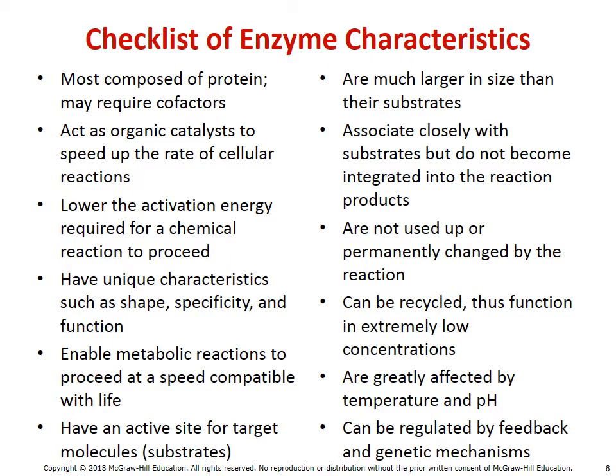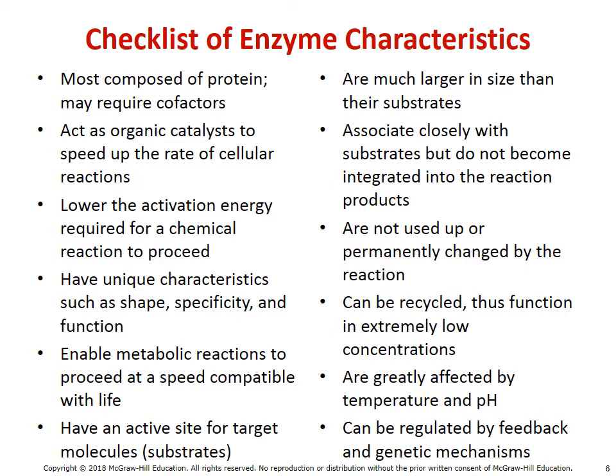So here's a giant checklist of enzyme characteristics. Again, we'll hit several of these as we go through, but some important ones to point out. Overall, they're made of protein. Again, being protein, they're organic. The goal of an enzyme is to lower the activation energy, thus speeding up the rate of reaction.